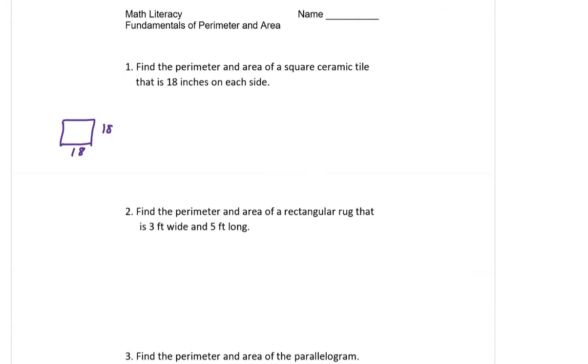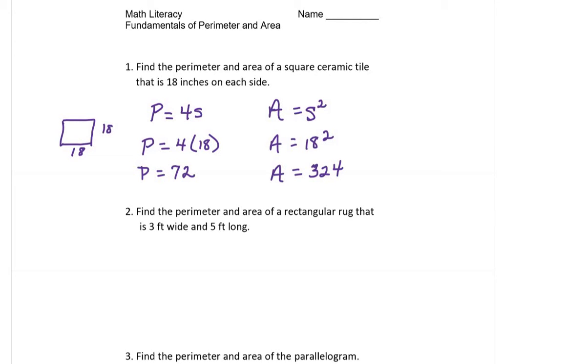So I'm going to come back to this problem and write down my formulas. And from here, I'm just going to replace the S with 18. And then you can just stick this into the calculator. The only thing we have left to do is to be sure that we put our units in correctly.